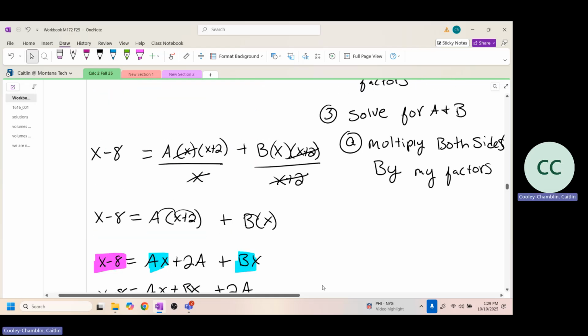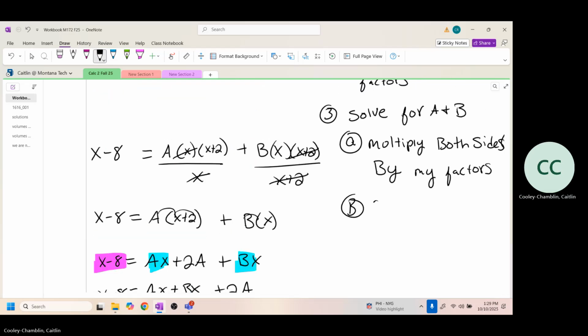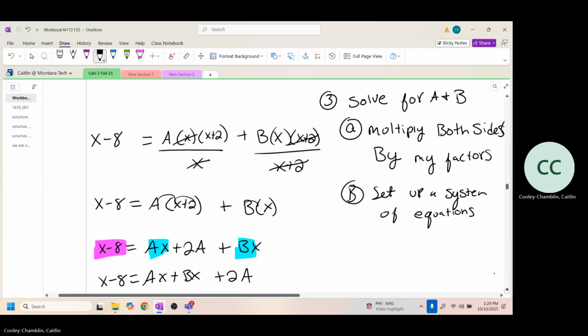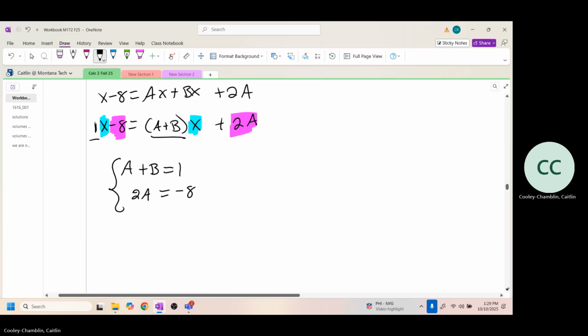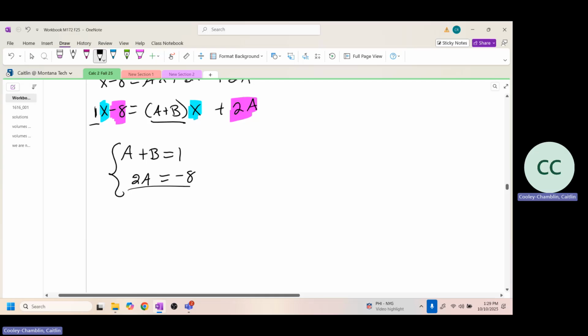So part B, set up a system of equations. And so I can solve this first. 2a equals negative 8, so a equals negative 4.